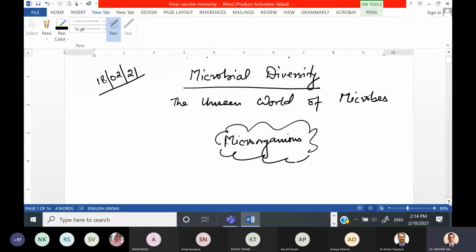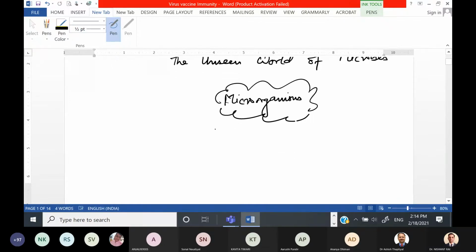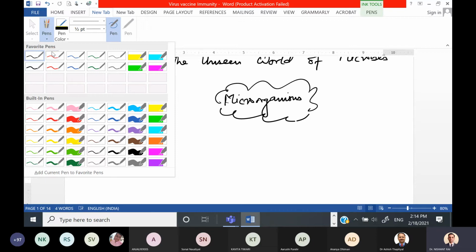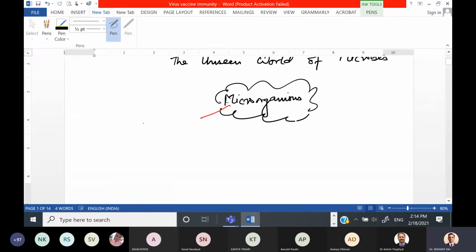They are highly diverse. And this diversity is on the basis of shape, that is, microorganisms are diverse because they show different shapes.